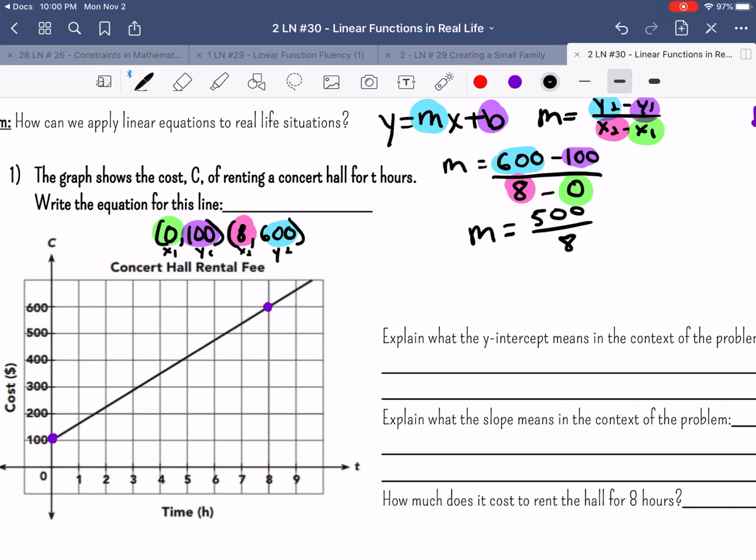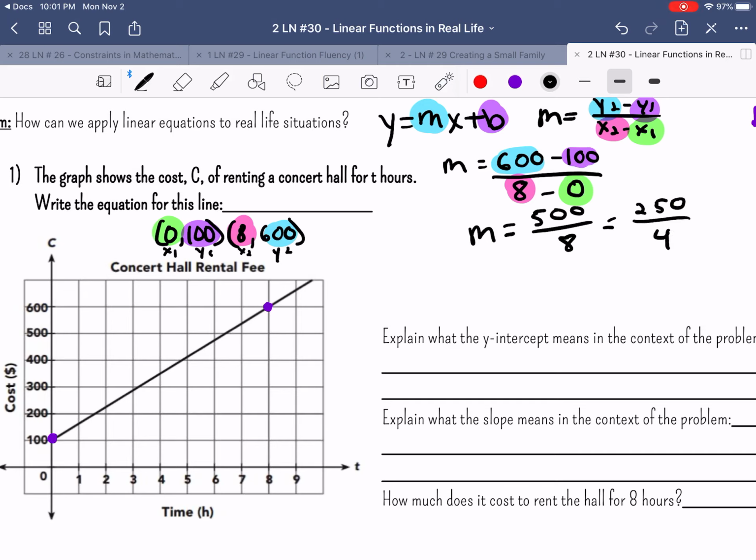Let's see if this can be simplified, I know it can be, I'm sure. So if we divide it by, let's see. Interestingly enough, I would think 2, because if we simplify it by 2, then that would be 250 over 4, because 500 divided by 2 is 250.